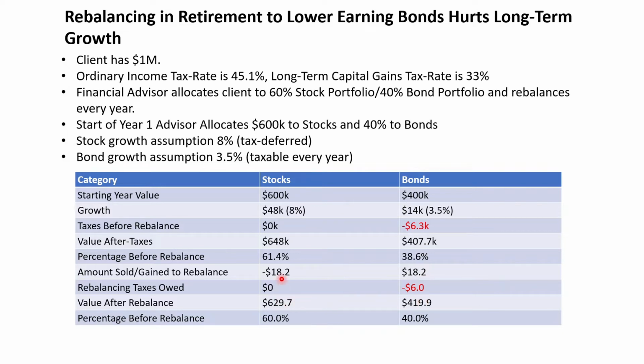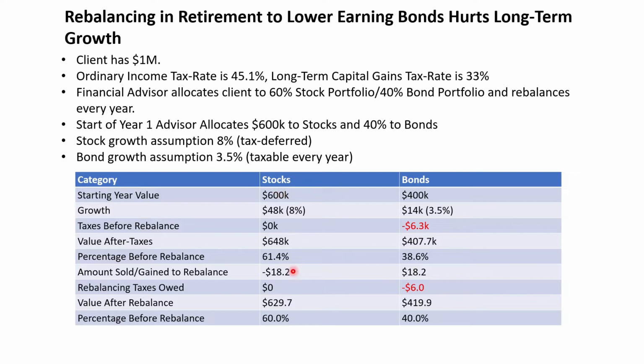And then again, this is going down by the full 18. You sold the 18 here. So now it's from 648 to 629. But now I'm in alignment. The financial advisor is like, I'm back to my 60% stocks and 40% bonds, right? I'm maintaining my 60-40 ratio. So this is essentially rebalancing, and you can immediately see the problem, right?